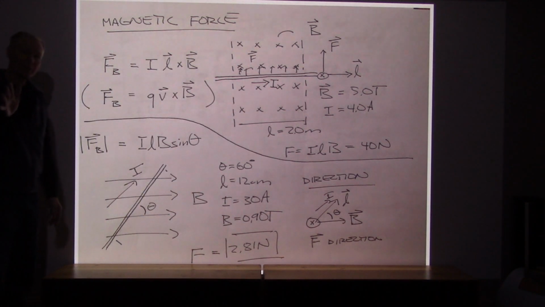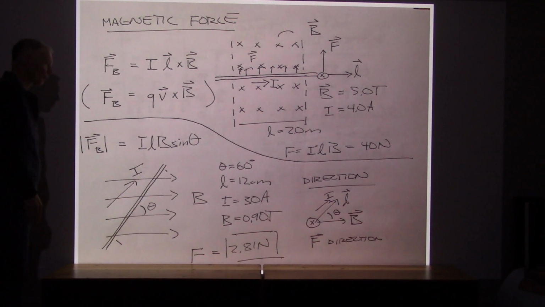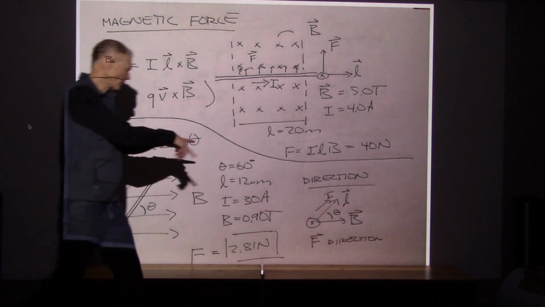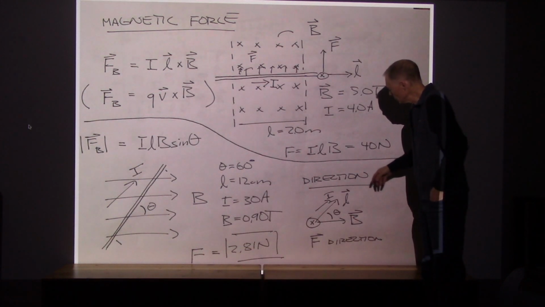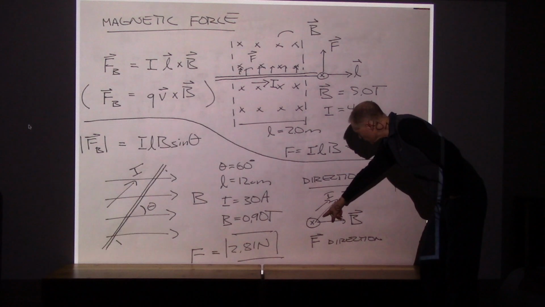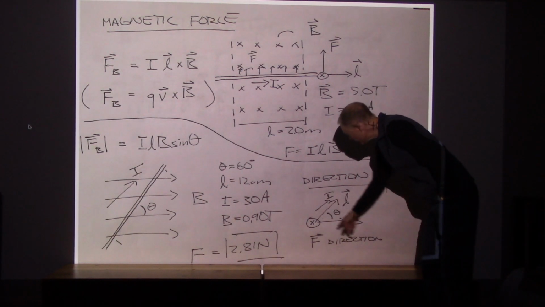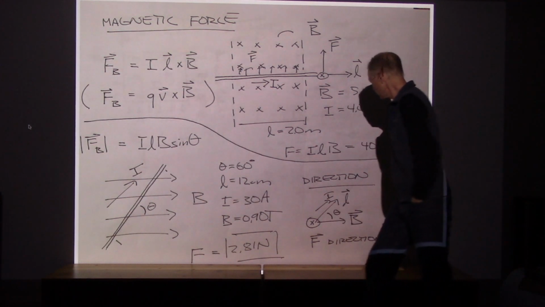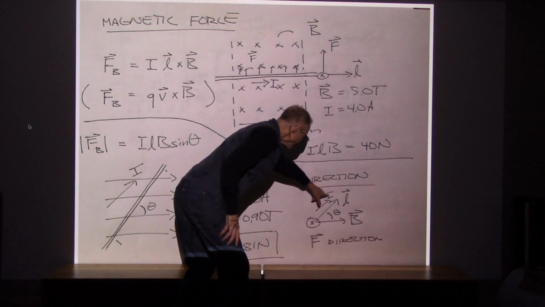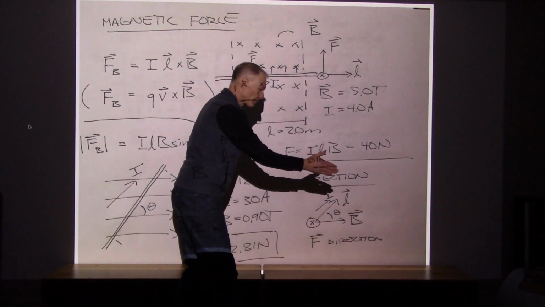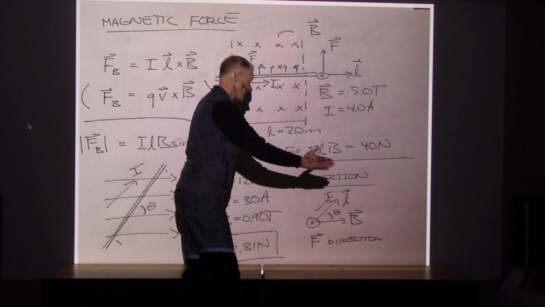0.9. Now what we already looked at with the previous diagram, we already determined that the direction's down here. Let's go ahead and pick up the directional information. So here is the direction of the current. Here is the direction of the magnetic field. The L vector is in the direction of the current, and my magnetic field is in the direction of the magnetic field.